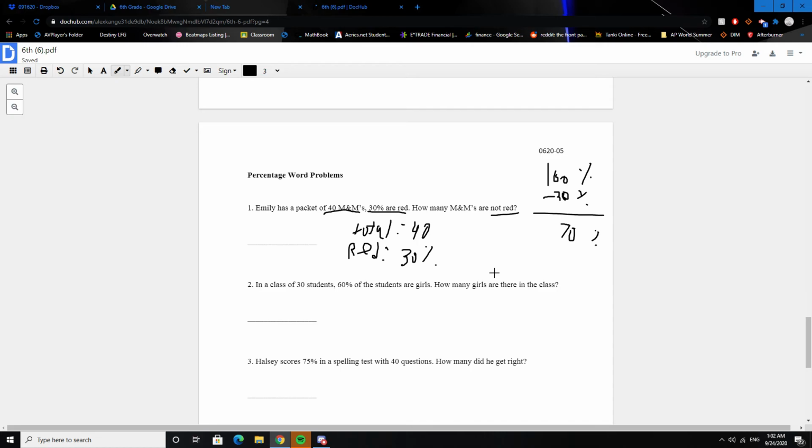Going off this information, all you gotta do is solve it. If it's 40 M&Ms, you can multiply that by 0.7. This is because you have to move the decimal back twice every time you convert a percent to a decimal.